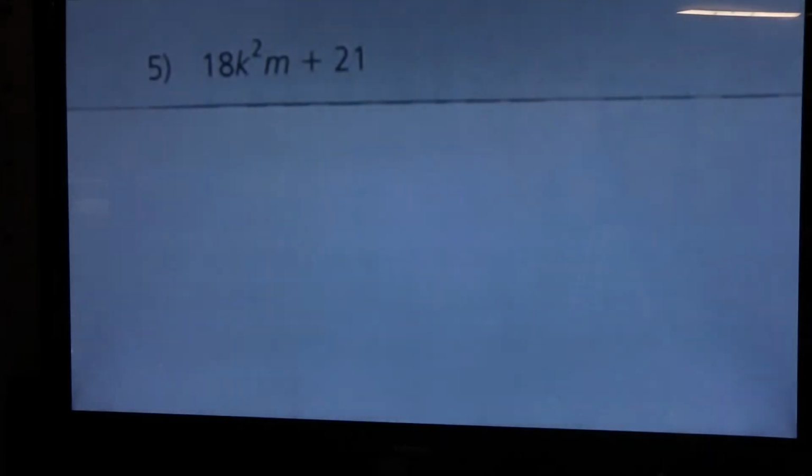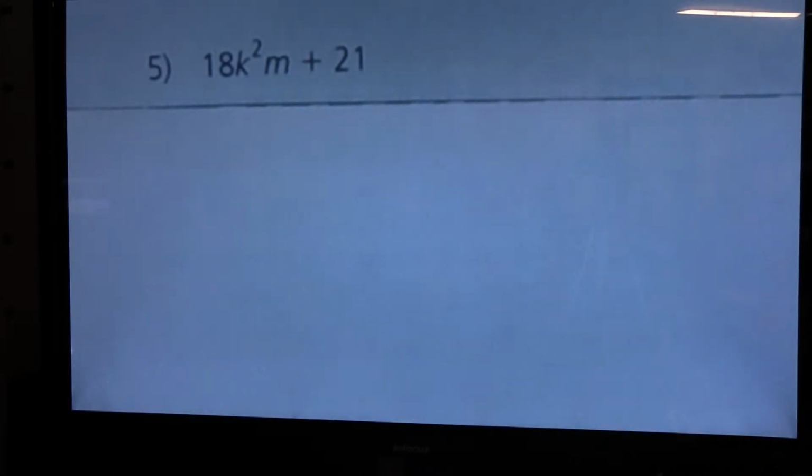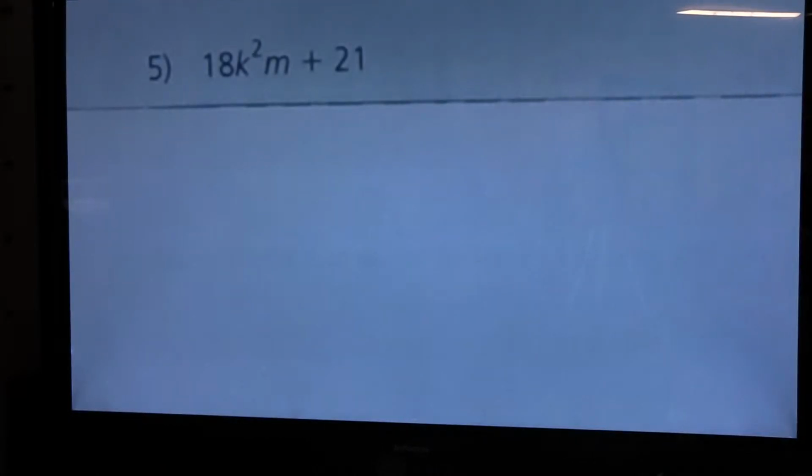With this problem, what you would have to do to write it another way is take out from it the greatest common factor. So when I look at 18k squared m and 21, my number sense tells me that the greatest common factor they have in common would be 3.